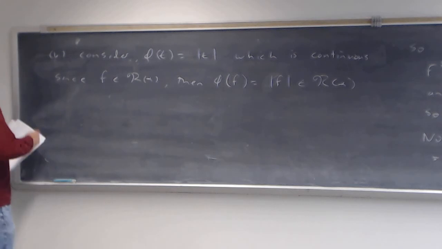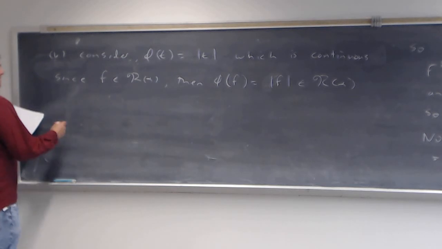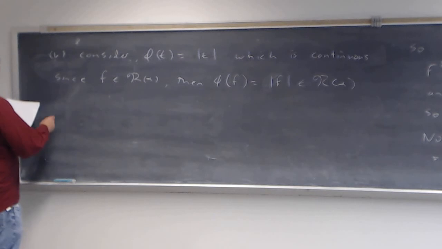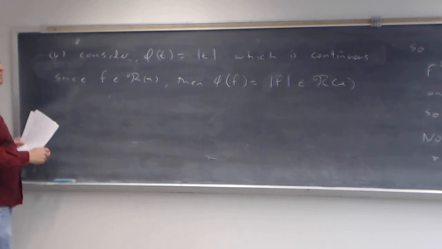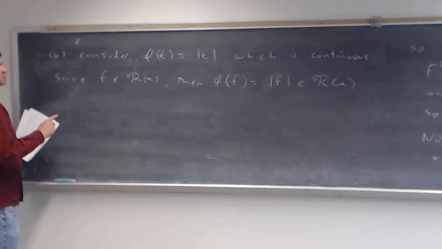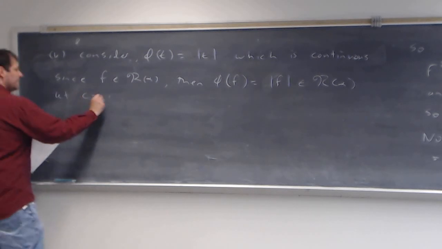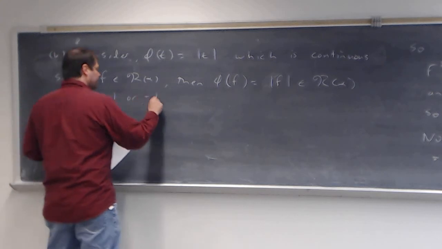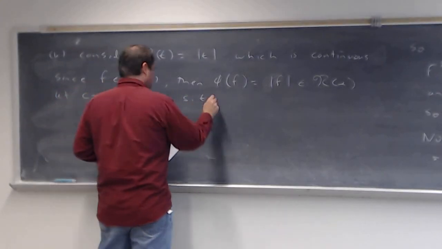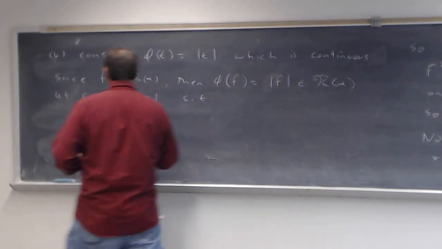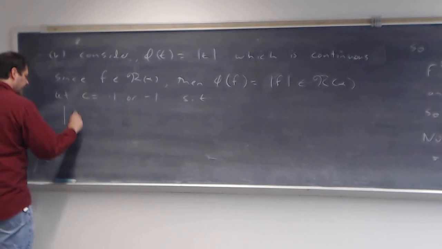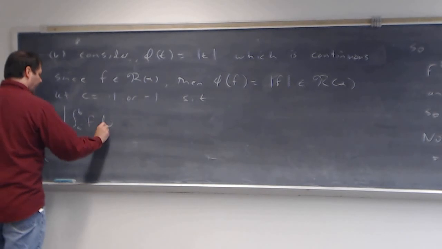Okay. Depending upon what f is, really, depending upon what the Riemann-Stieltjes integral of f is, we let c be equal to 1 or minus 1, such that the absolute value of the integral from a to b of f d alpha equals c times the integral.